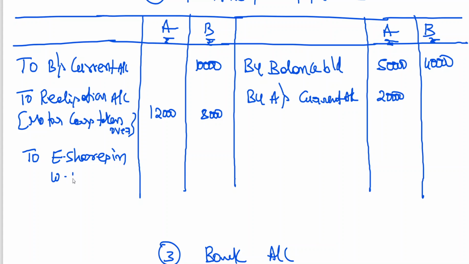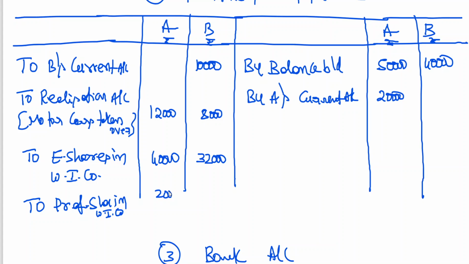Equity shares in Western Indian Company 40,000 A, 32,000 B. Preference shares, 2,000 shares has been given to A. That's it. So all posting has been completed.